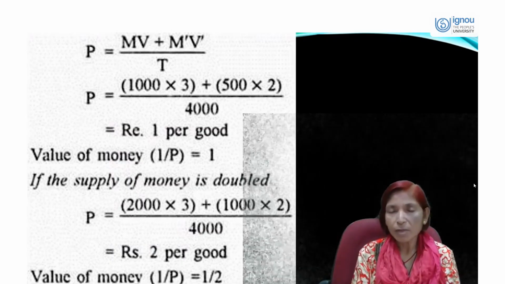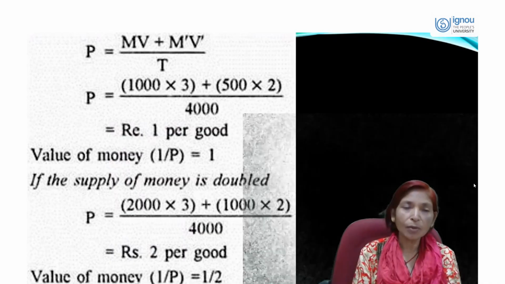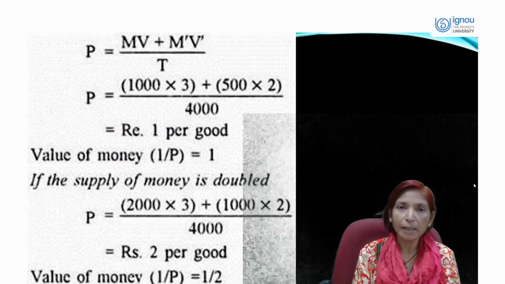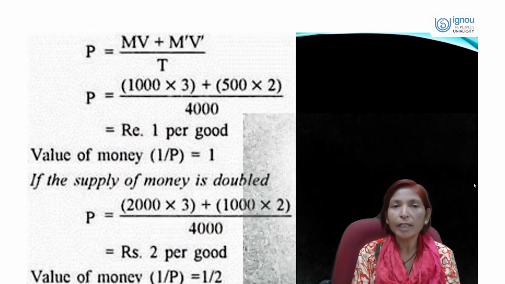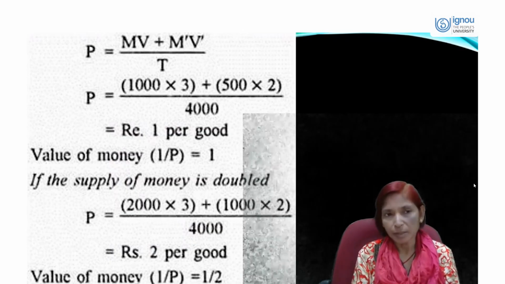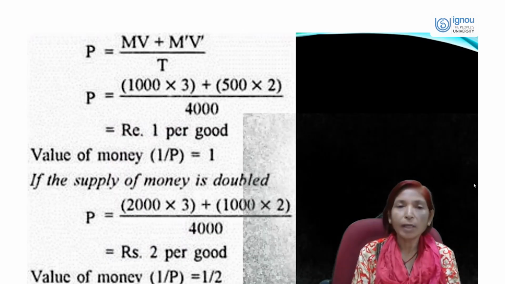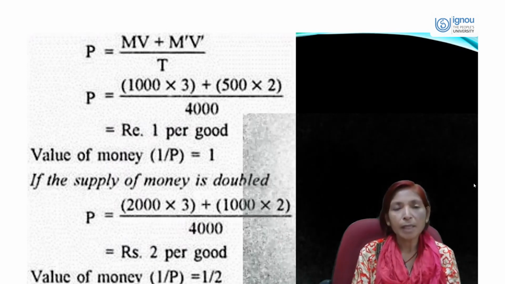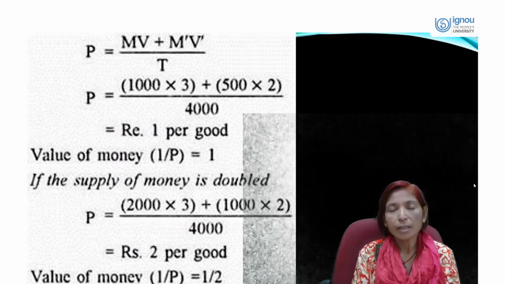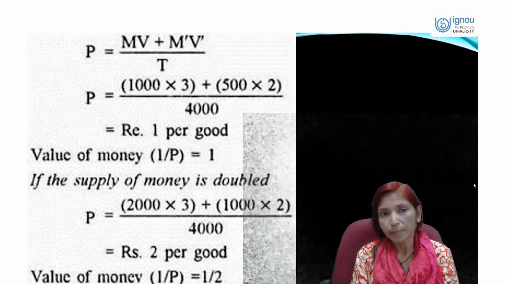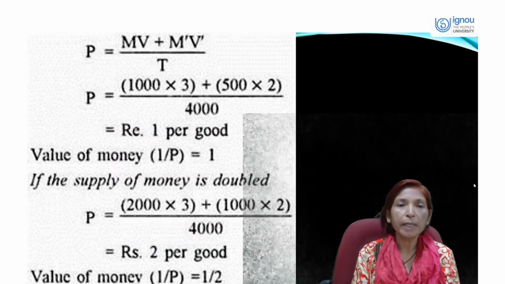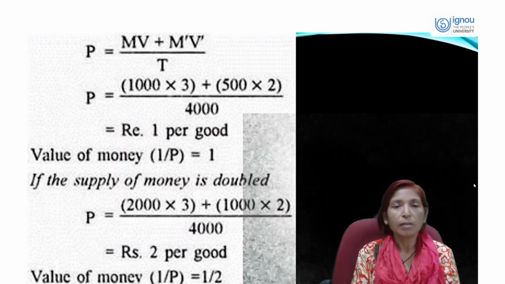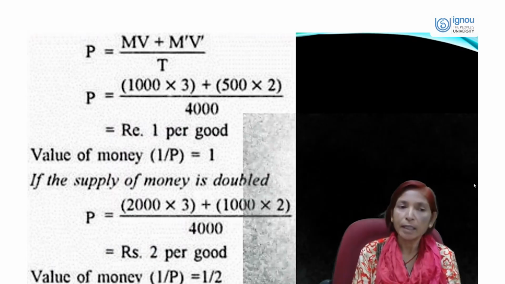It will not always remain constant, so it should also be included. Fisher agreed and included V' in his equation. So the new modified equation is MV + M'V' = PT, and if we want to calculate P, then P = (MV + M'V') divided by T.